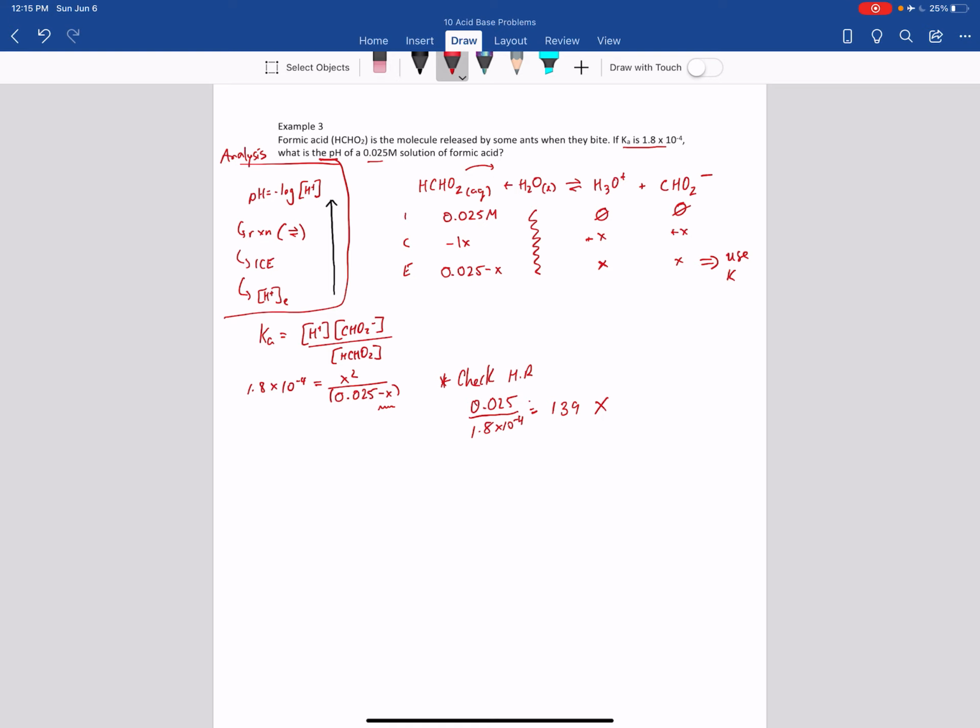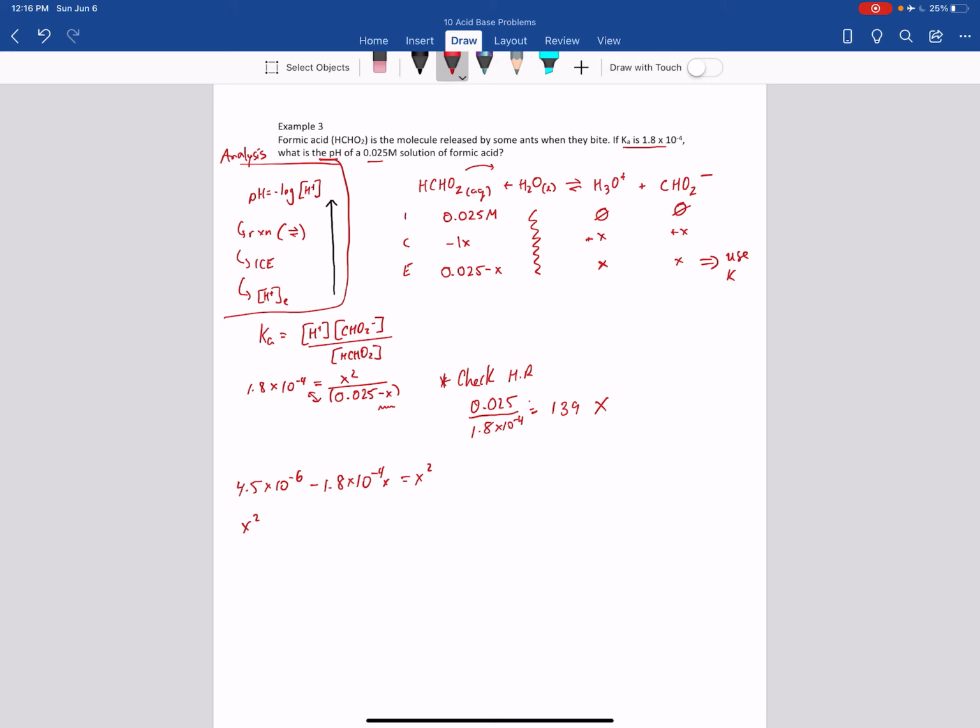So what we're going to have to do is cross multiply, expand out the terms, and solve for a quadratic function. So we'll multiply this out. We've got 1.8 times 10 to the -4 times 0.025. We've got 4.5 times 10 to the -6, take away that times 1x, which just gives us that there, equals x squared.